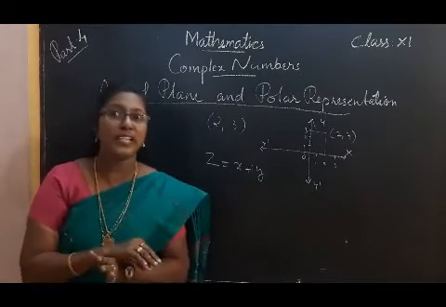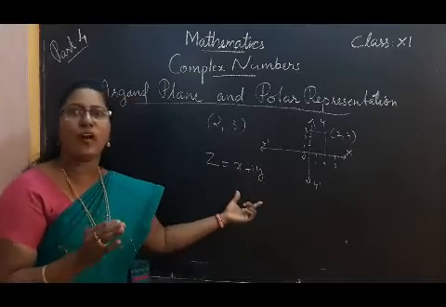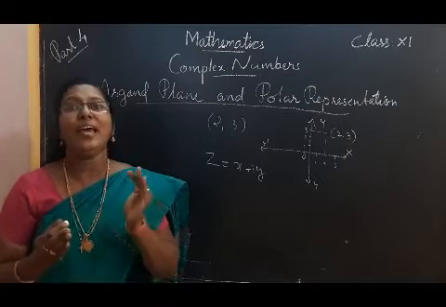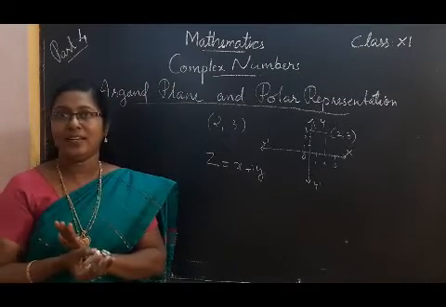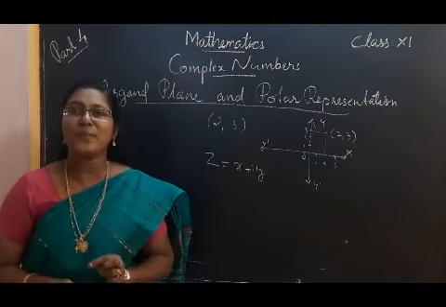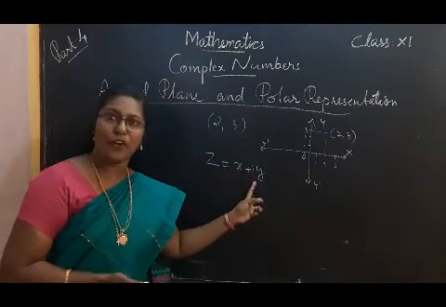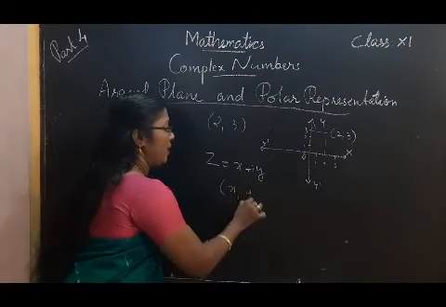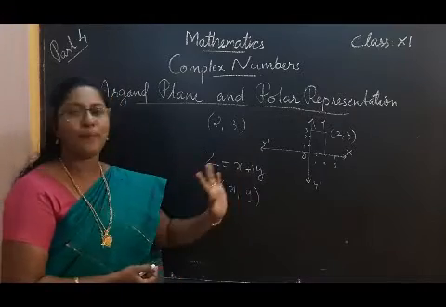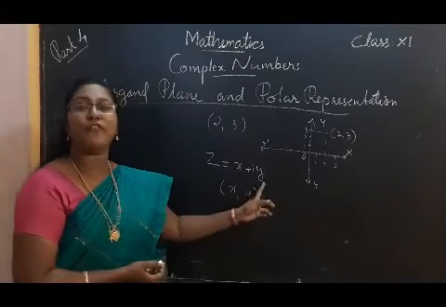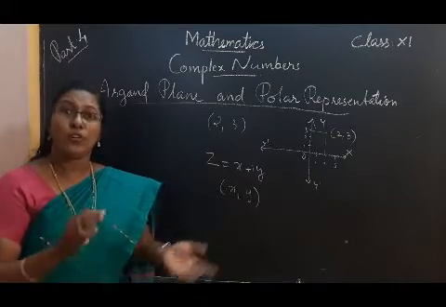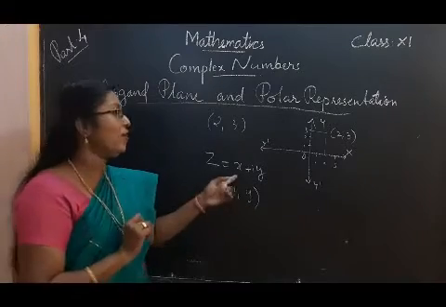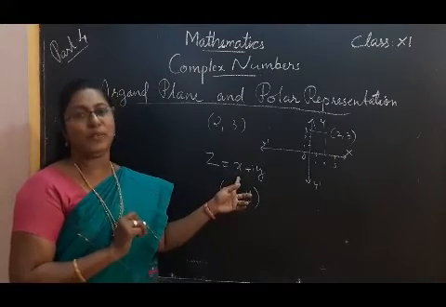Here x is the real part and y is the imaginary part. And conversely, to every point (x, y) in the plane, there is only one complex number z equals x plus iy. Clear?